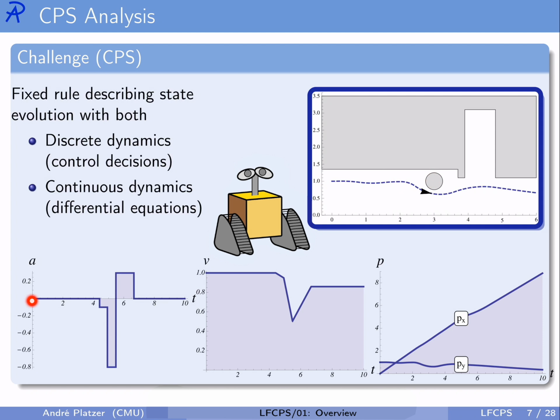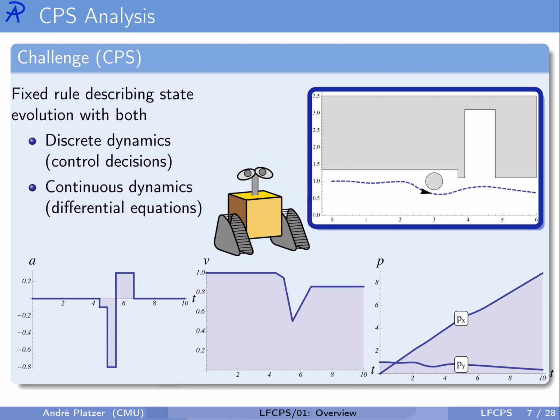As you see over here, that his acceleration is 0 for quite some time, but then he decides that he needs to brake. After a little while, he decides that braking wasn't hard enough, he needs to brake harder. And after that time is over, he decides that the situation has resolved and he can accelerate again, such that after a little while he decides that keeping his velocity constant is an acceptable choice again.